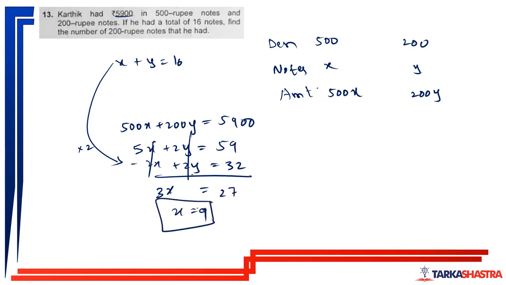X is equal to 9. Now that the number of 500 rupee notes is 9, this amount will be 4500. They are asking for the number of 200 rupee notes. The total amount is 5900 and this is 4500, so this has to be 1400. So how many 200 rupee notes will there be? 7 notes, since 200 into 7 is 1400 rupees. So the number of 200 rupee notes is 7.